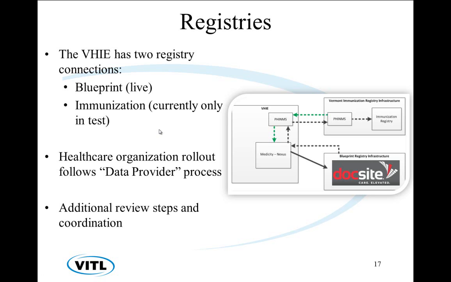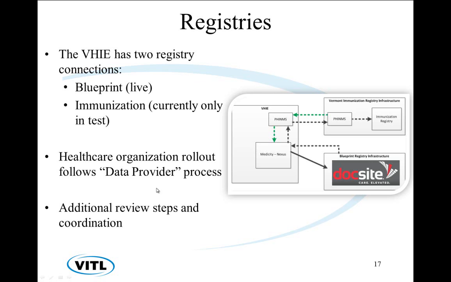I will summarize it as the healthcare organizations that submit data to these registries through VITL. So what's off the page here are possibly hospitals and really practices who send data or provide data to the VHIE.